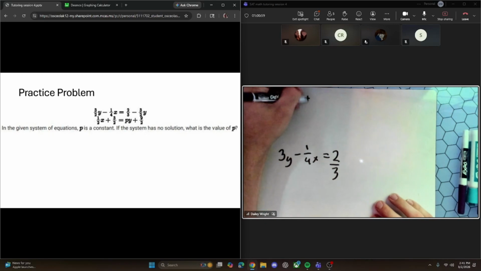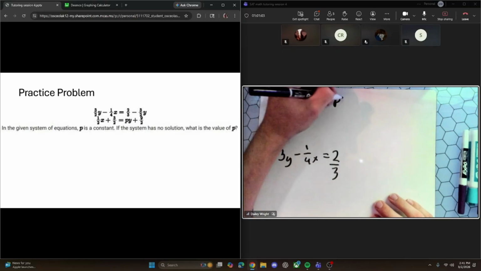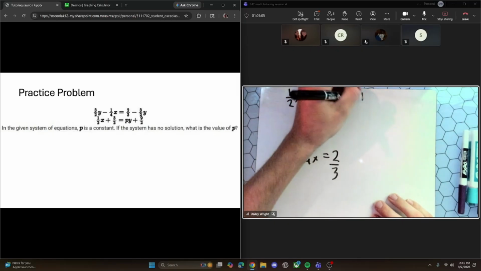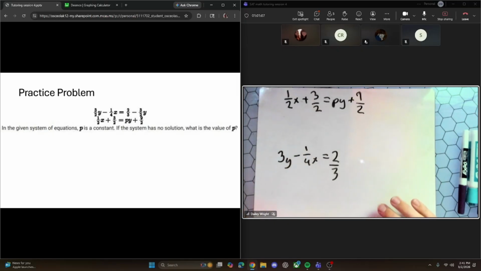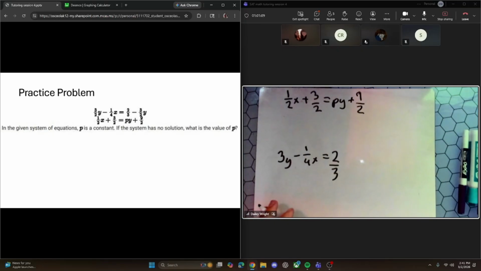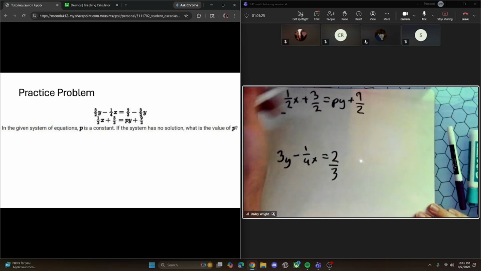1/2 x plus 3/2 equals py plus 9/2. So, I want to get these equations to look similar. So I'm going to subtract over the 1/2 x and then subtract over the 9/2.